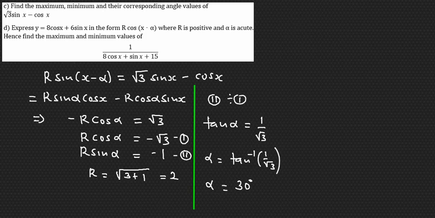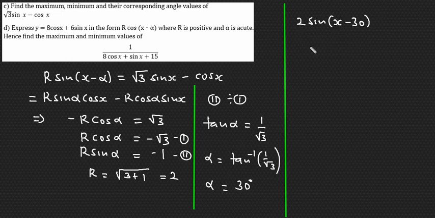We have R, which is 2, then we use sine, and we shall have x minus alpha. Our alpha is 30. So the maximum value and the minimum value.